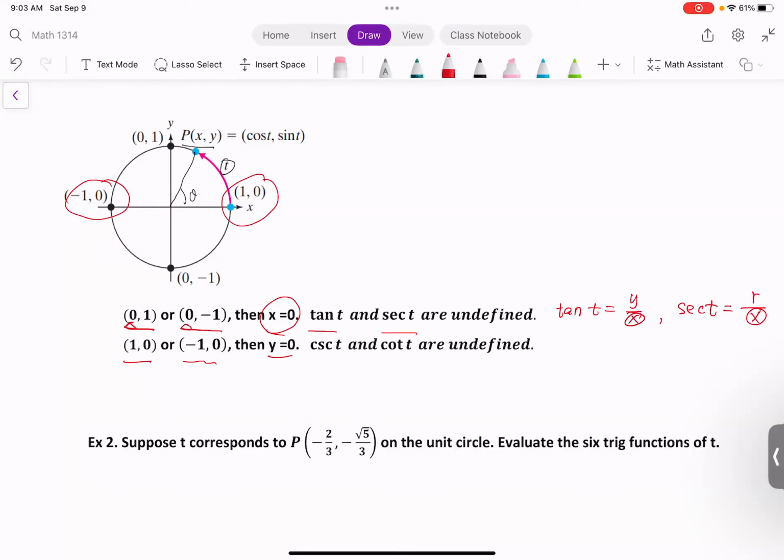They are undefined because the cosecant is 1 over sine, which is r over y, and the cotangent t is the reciprocal of tangent, that is x over y. The bottom, they all have the y, and at these 2 points y is 0. So cotangent and cosecant are undefined at these 2 points.